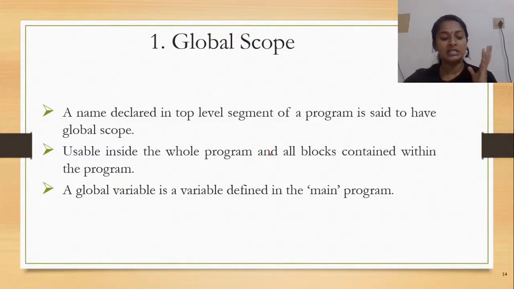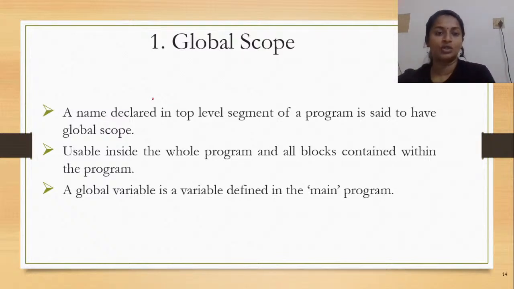Global scope. What is the literal meaning of the word global? Around the globe, right? Similarly, let us map the literal meaning to what is defined in the language Python. A name declared in the top level segment of a program is said to have global scope. What would be considered the top level segment of a program?